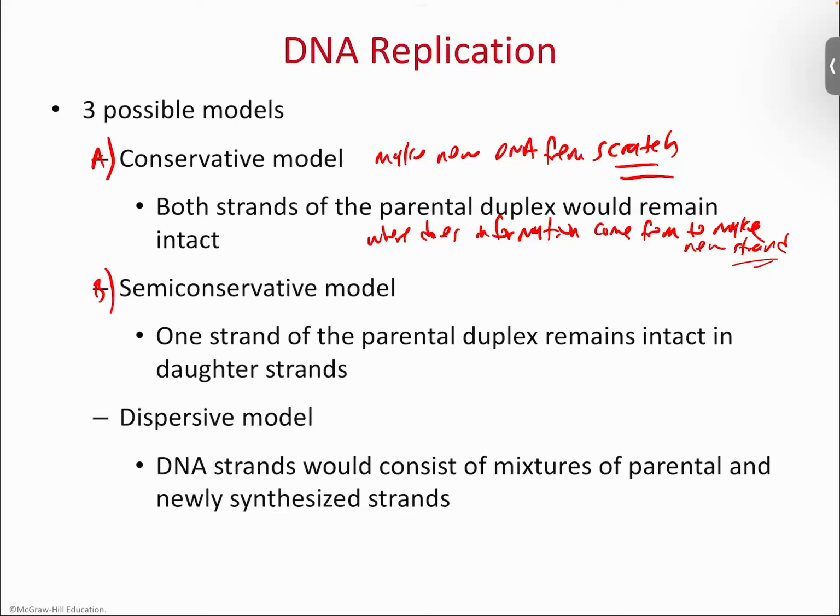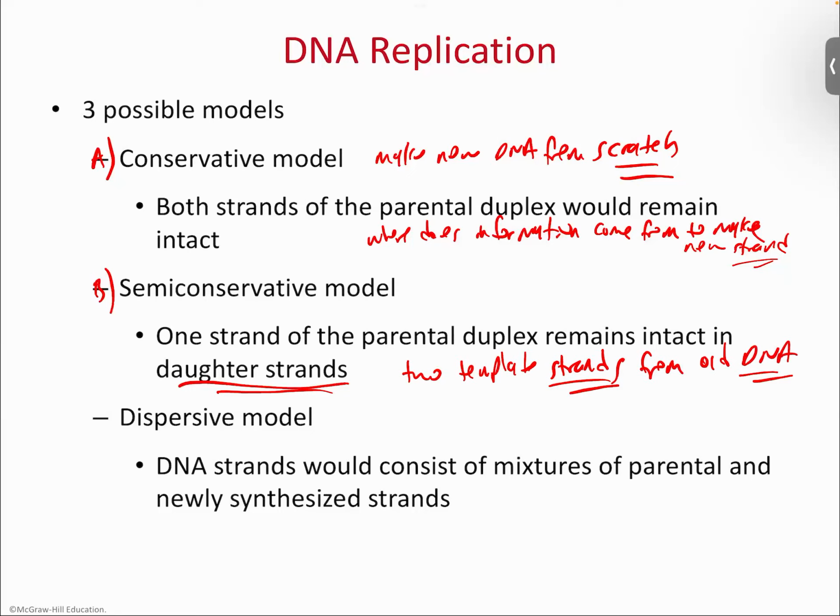Now then there's the semi-conservative model. In this case, one strand remains intact, but the other strand acts as a template. So you generate two template strands from the old DNA. That makes a lot of sense, right?